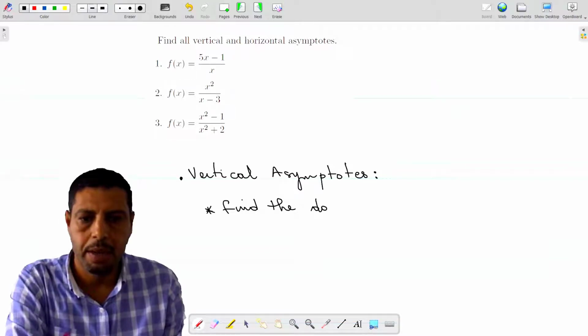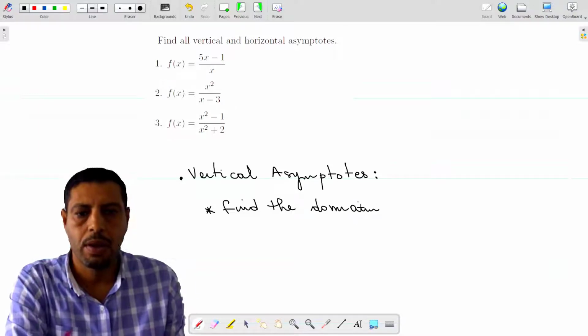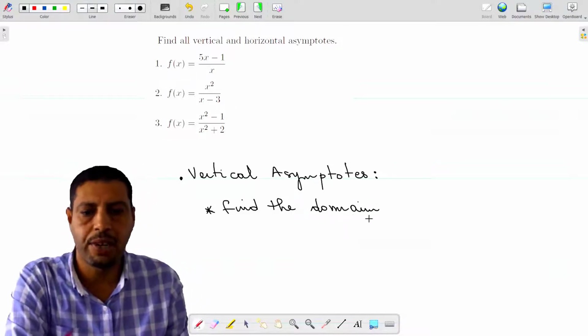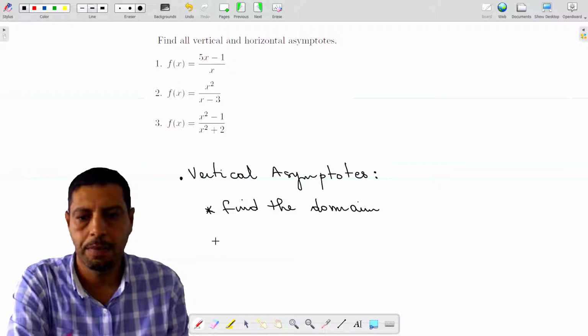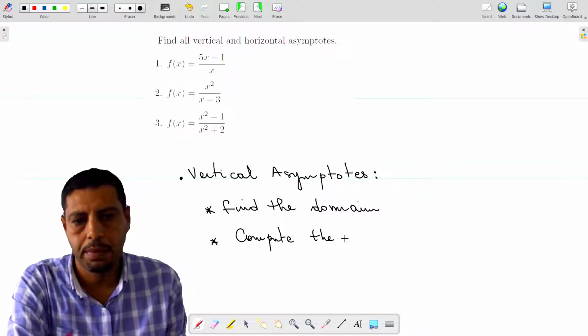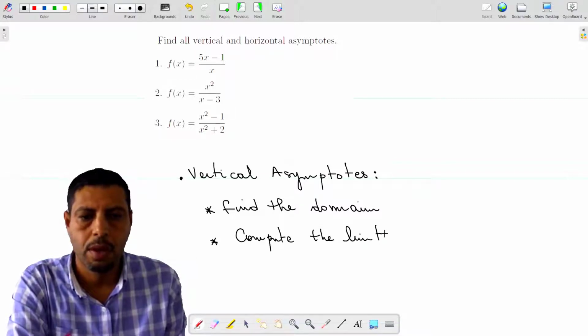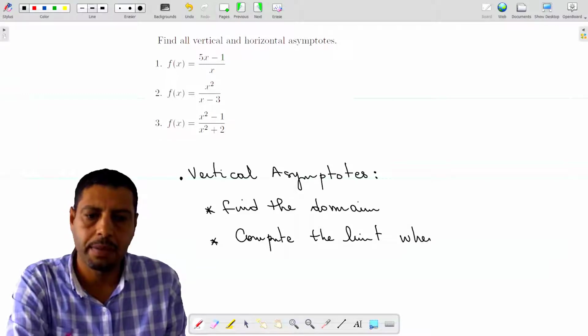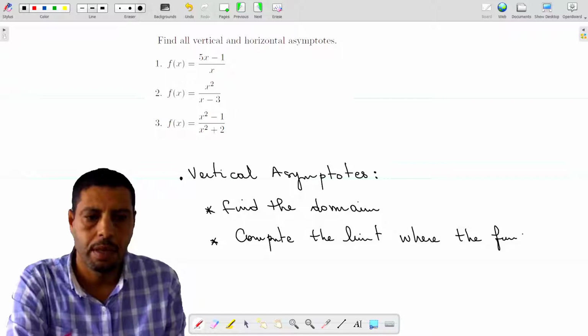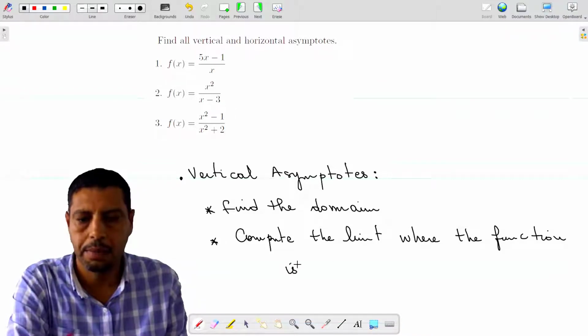Because by finding the domain, you're going to identify the points where you may have vertical asymptotes. So find the domain. And second step is to compute the limit where the function is not defined. Okay?